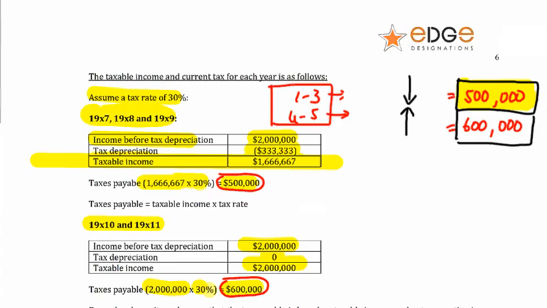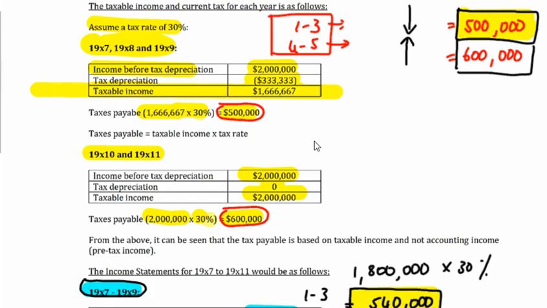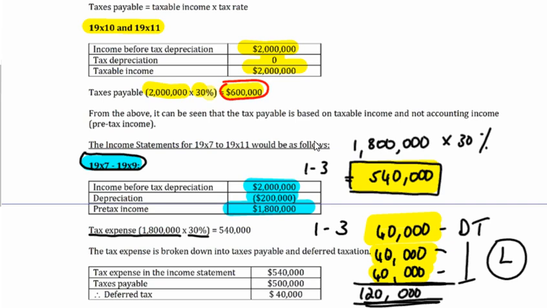Okay, let's go back. What do we notice? If I take you all the way back over here, in our case, my accounting income is greater than my taxable income, let's just make sure we see that. In the very first couple of years, my accounting income was how much? My accounting income in the first 3 years was 1.8 million.